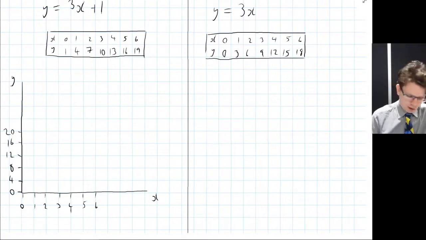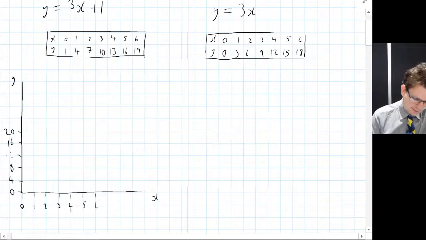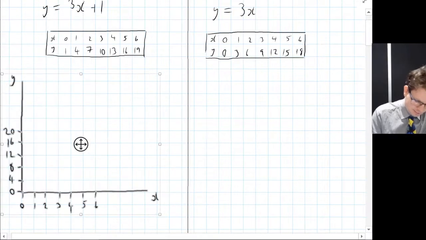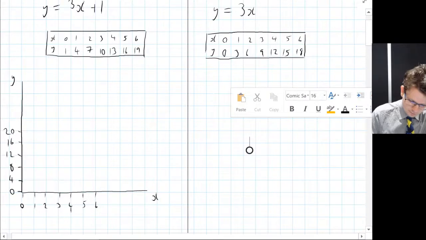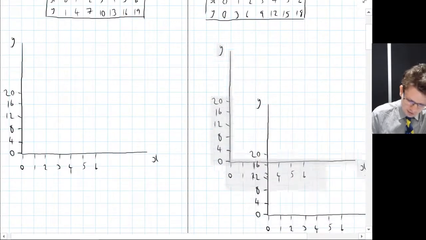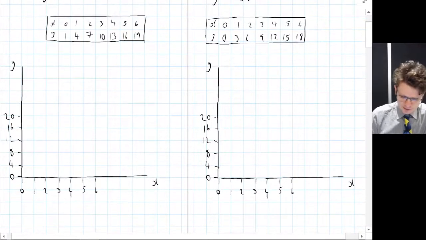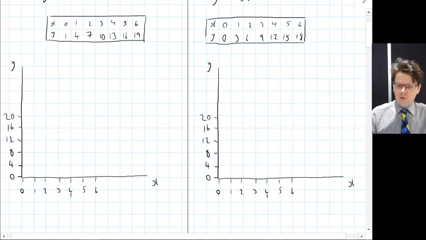Alrighty, so hopefully you've had a go at that. If you didn't have enough time to, just make sure you pause the video. Give yourself plenty of time to actually have a go. No reason not to. So I'm actually just going to use the same axes that I used, because it'll fit all of the numbers just the same. Could have gone up in 2s though.